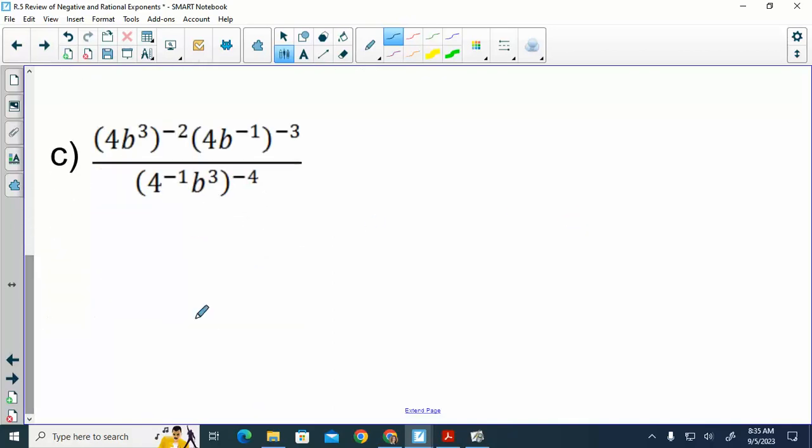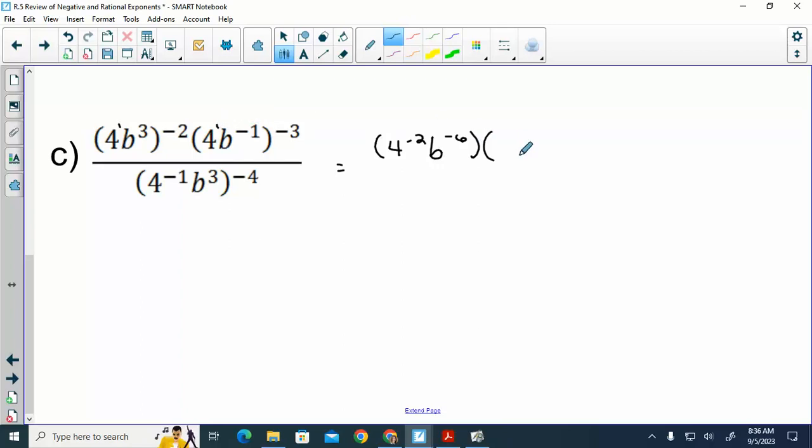Let's look at this second one. It is a mess. How do you want to begin? By the exponents. Okay. So this is like a 4 to the first. So if you multiply the exponents, you get 4 to the -2, b to the -6.